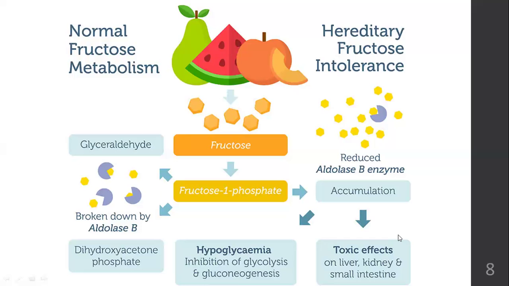It can also cause hypoglycemia because when too much fructose is there in your blood, the conversion of glucose to glycogen, and of glycogen back to glucose, will be interrupted. Fructose will not allow these conversions. So your blood will not have enough glucose.